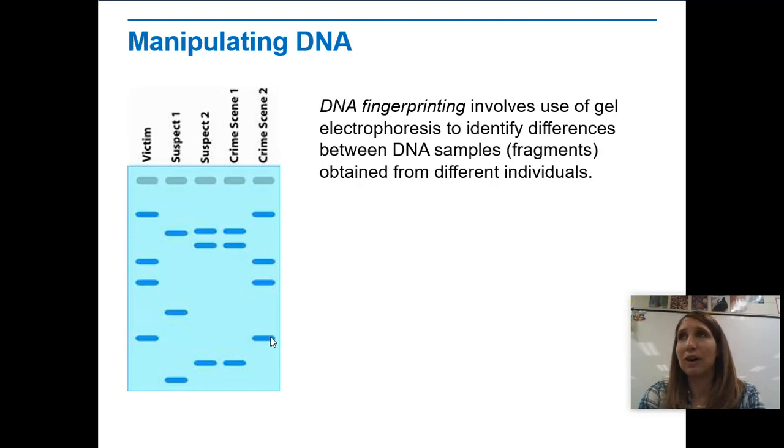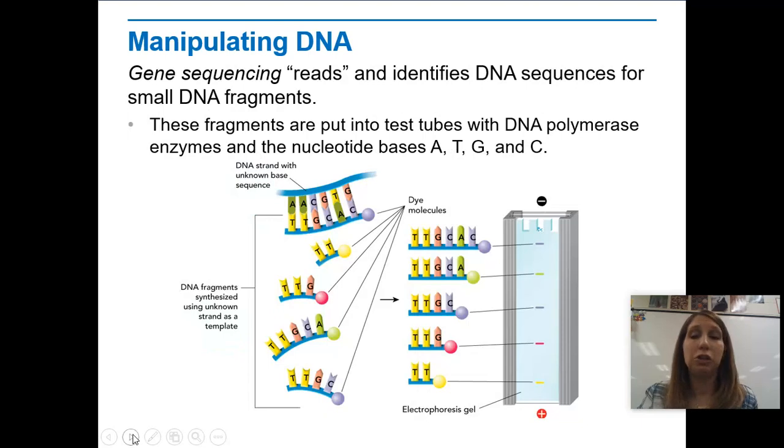We can also use it to identify the parents of a child, or the relatives of someone killed in a war if there aren't a lot of remains left, but there are remnants of DNA that are accessible. That's a terrible thing to say, but then yeah, you can use this instead of teeth and that kind of stuff that we've used in the past. So fingerprinting is a super cool use for that type of technology.